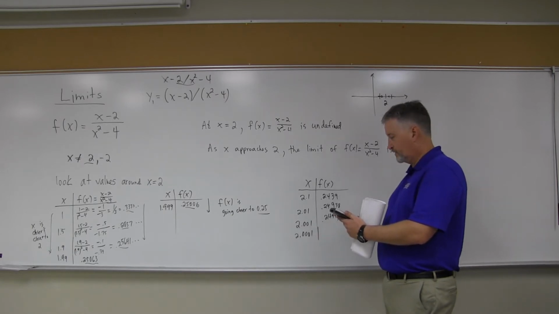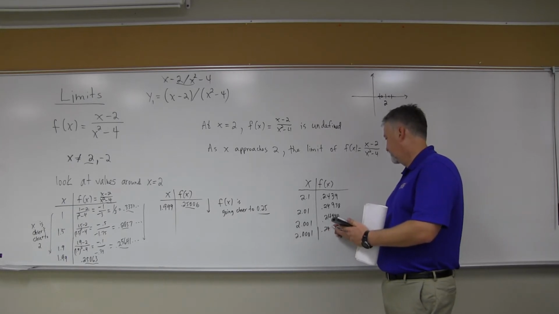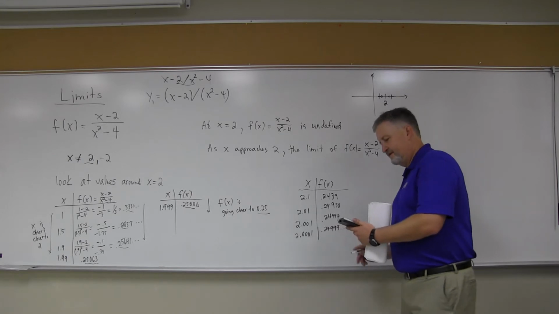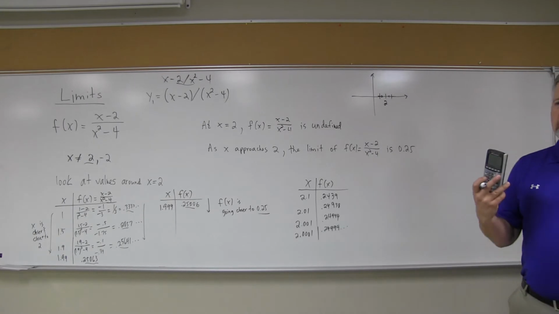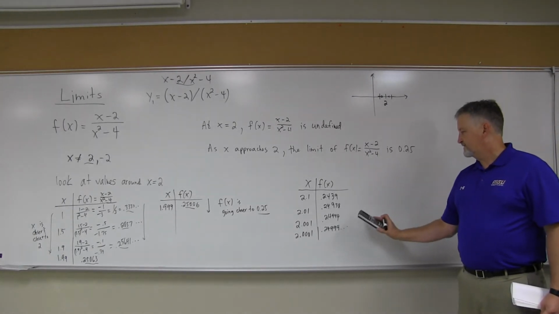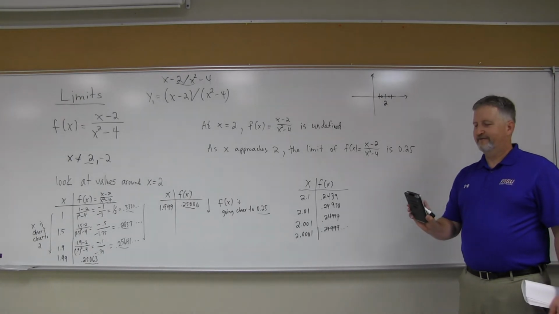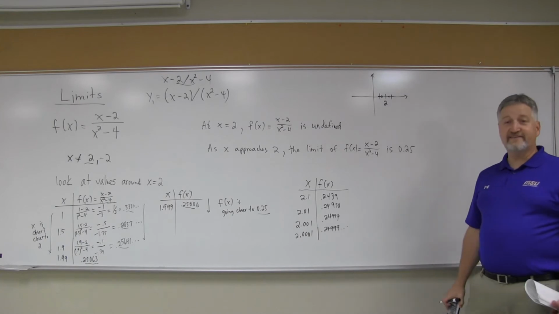And then the next one is 0.2999. And on the TIs, if you arrow over to the Y1 value on your table, it'll show you even more. This is just showing 5 places. It'll show you at least 10 places, it looks like. But I think that's sufficient.